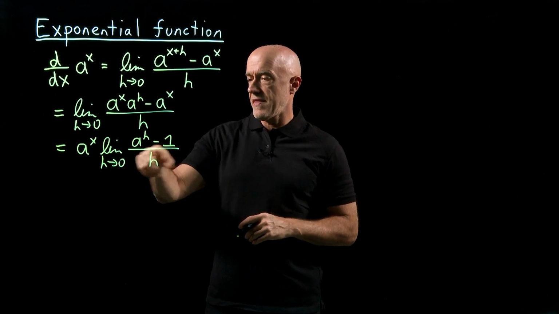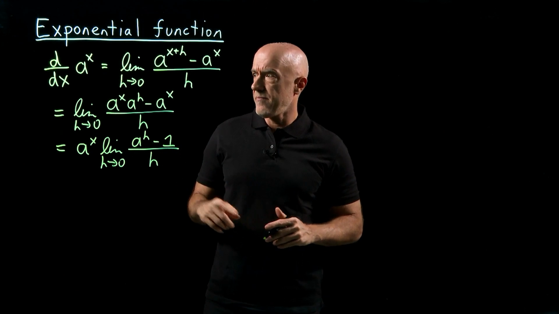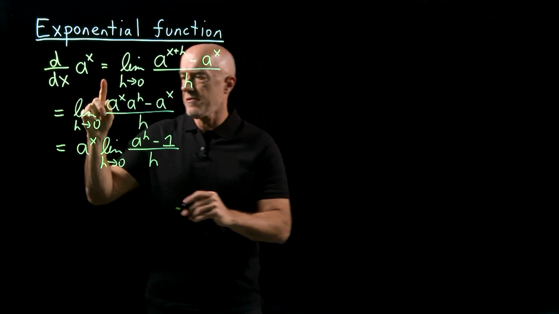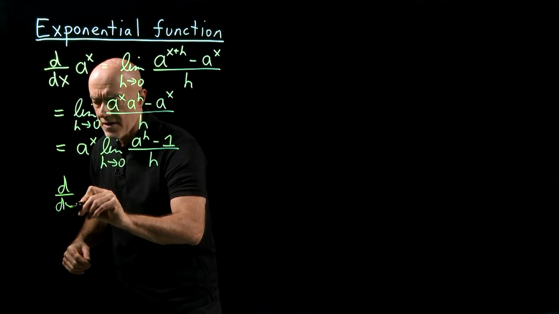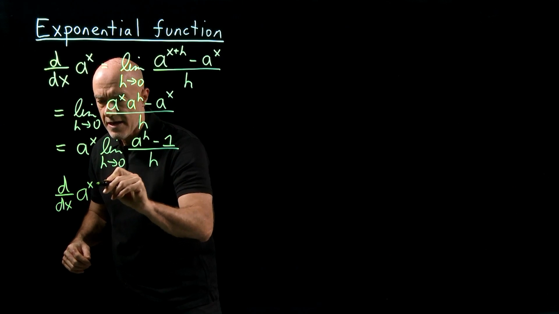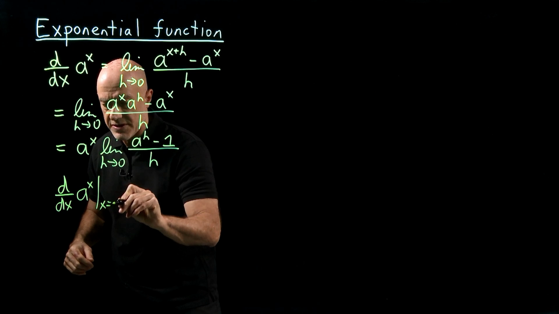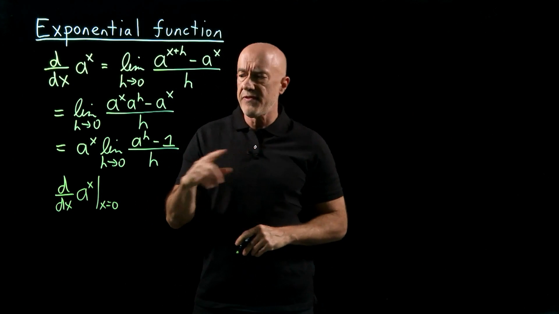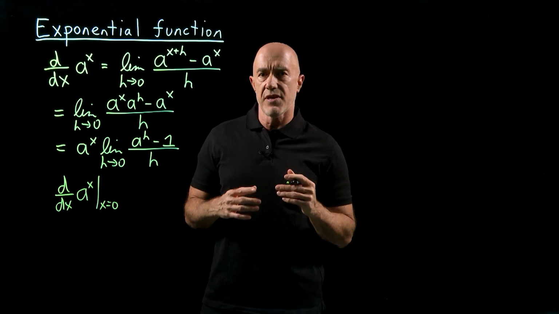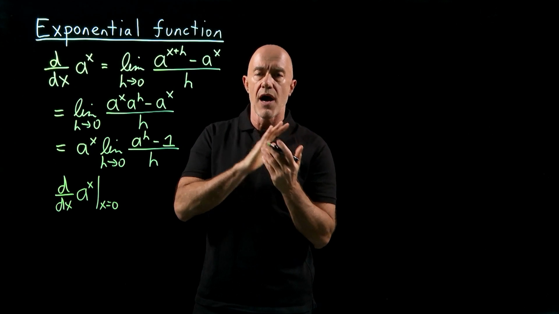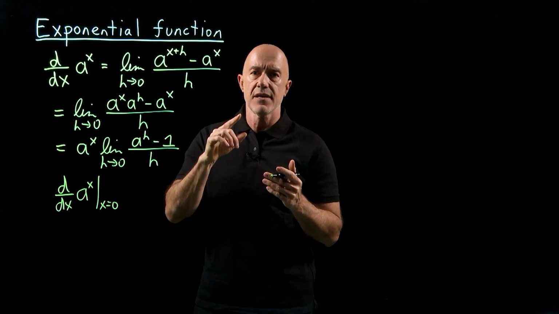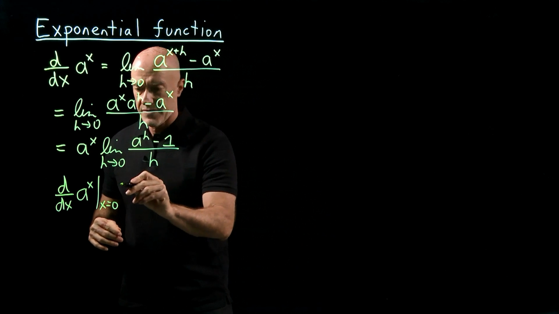We should ask what that limit is. Turns out to be rather simple. If we take the derivative of a to the x and set x equal to 0, what is the derivative of this function at x equals 0? That would be the slope of the tangent line to y equals a to the x at x equals 0.